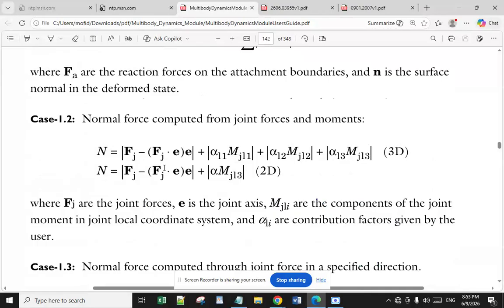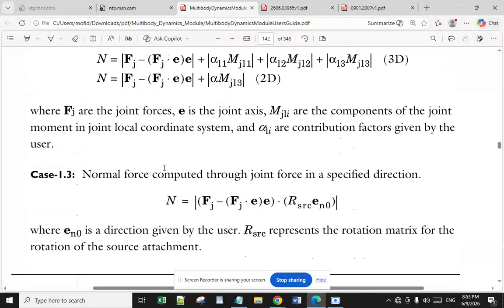N = |Fj - Fj·e·e| + |R11 Maj 11| + |R12 Maj 12| + |R13 Maj 13| and so on, where Fj is the joint force, e is the joint axis, Maj 1i are the components of the joint moment in the joint local coordinate system, and R1i are contribution force factors given by the user.